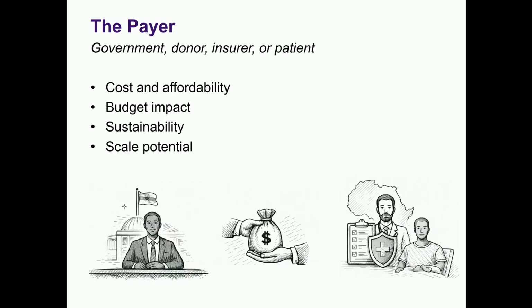So in the HIV space, for example, we just had PEPFAR completely change the donor dynamic in HIV. And so the payer is very different now than it used to be. Even within HIV, it was always changing.